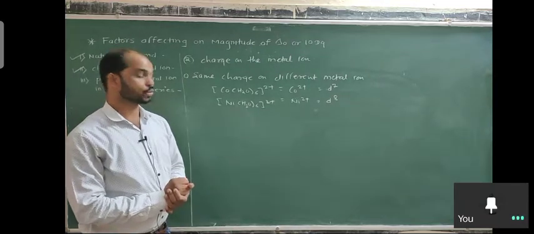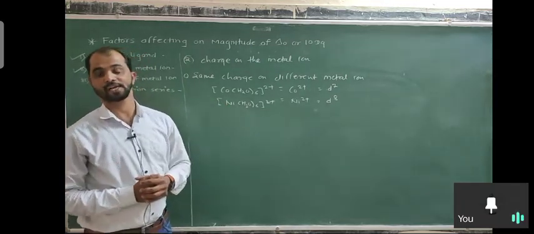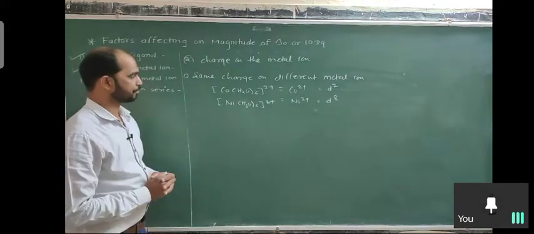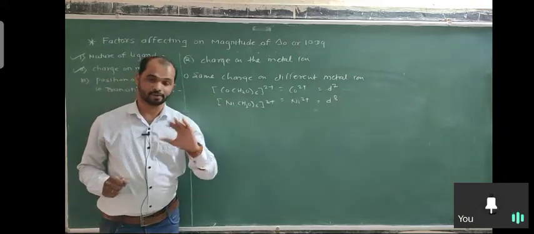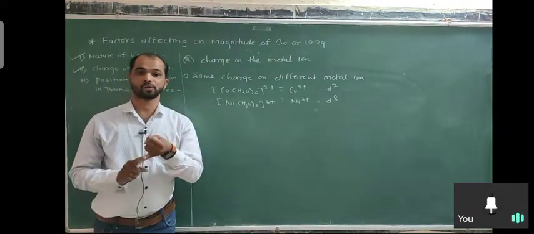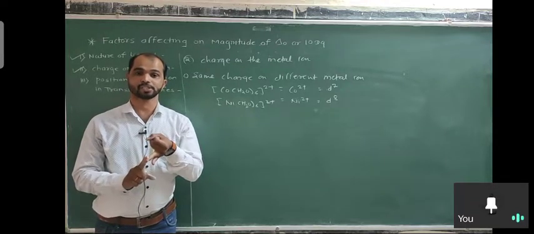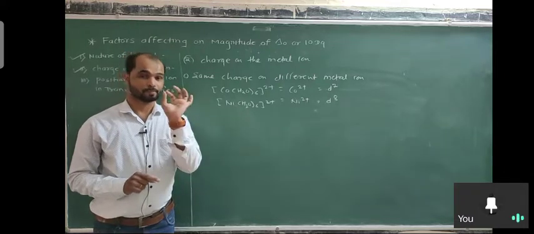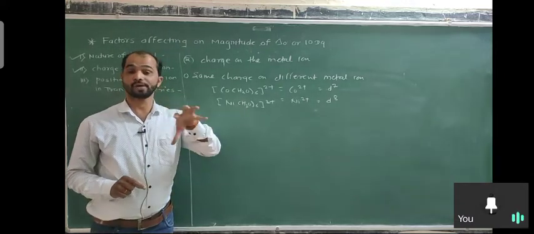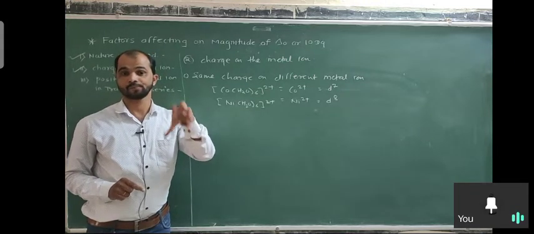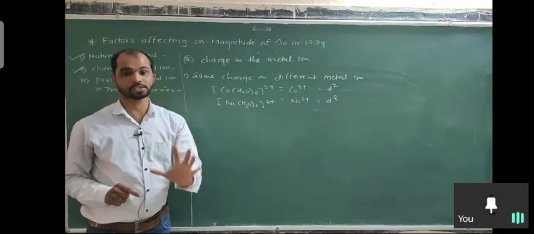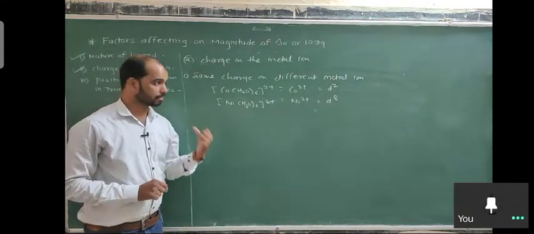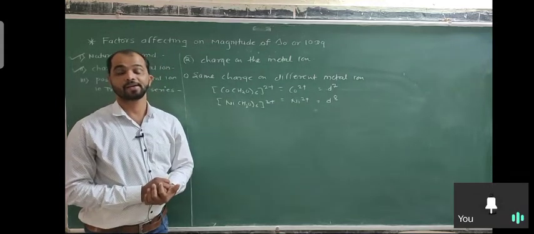So in that case, what happens? Where is the 10 Dq value higher and where is it lower? A very important point here: for those metal ions having the same ligand and the same oxidation state but a different number of electrons in the d system, the metal ion which has the lower number of electrons will show the higher 10 Dq value.